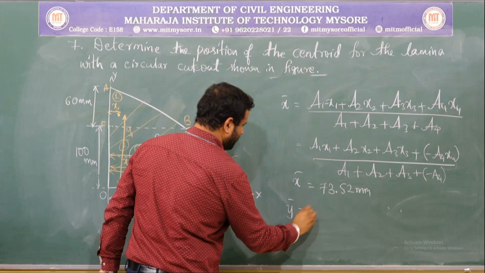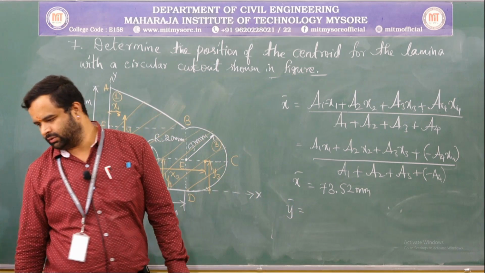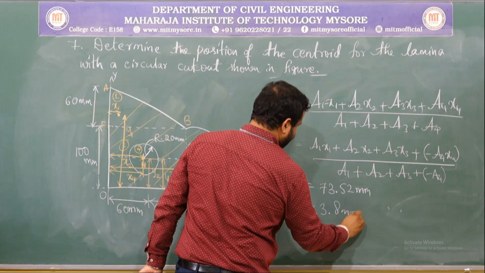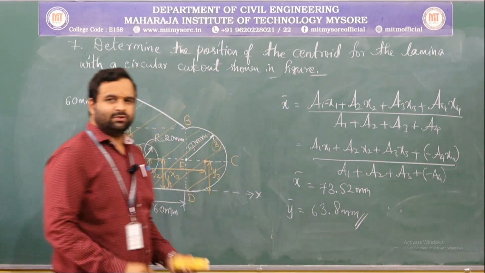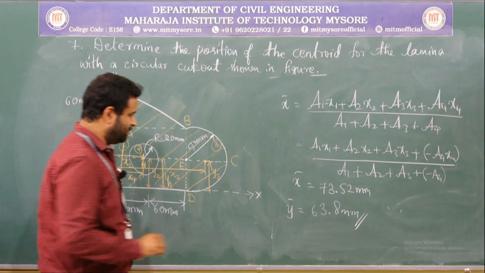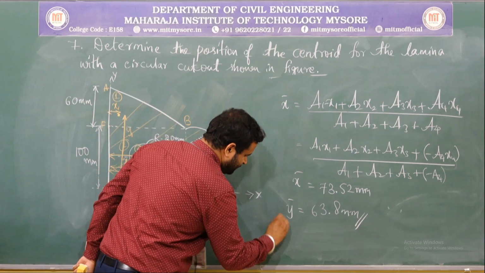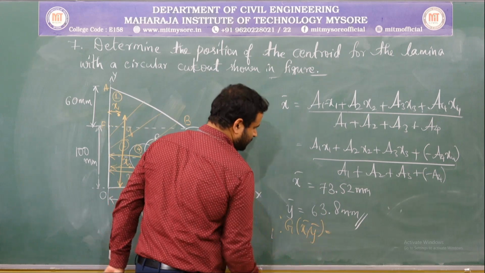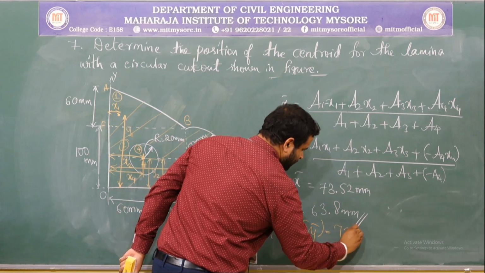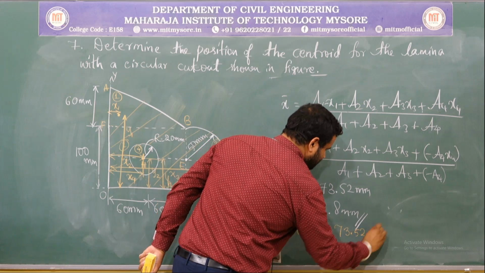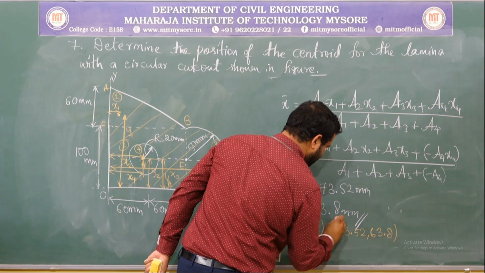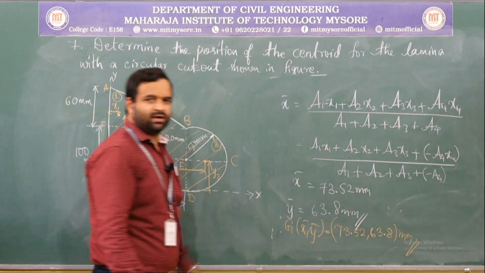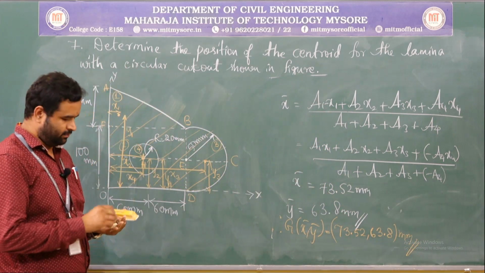Similarly, if you calculate y bar, that will be equal to 63.8 mm. See, once you are done with calculation of x bar and y bar, please write the last step, which is G of x bar comma y bar is equal to 73.52 comma 63.8 mm. Now, try to locate this in this diagram.